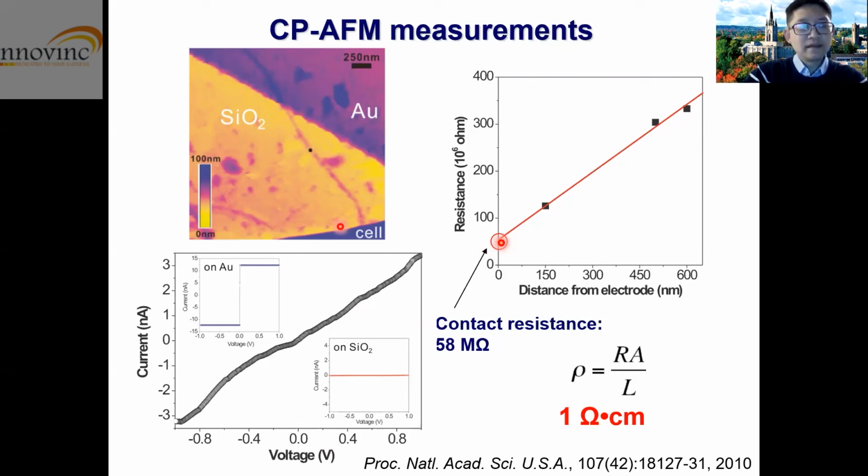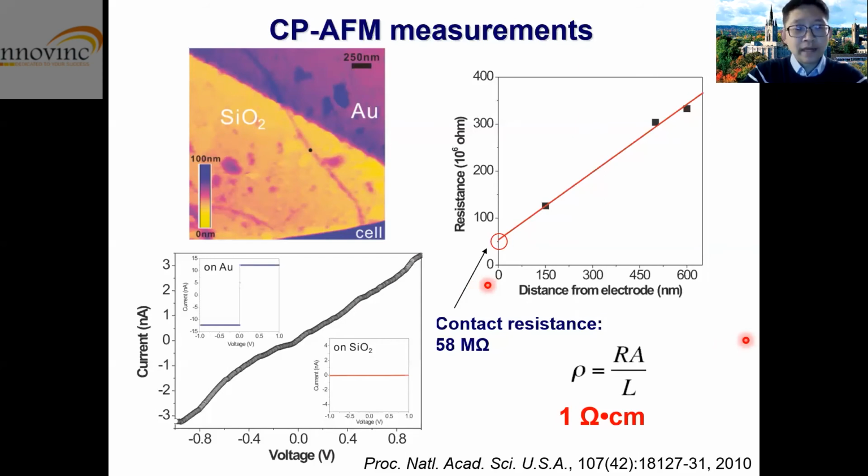So at this point the resistance we got is the contact resistance between the conductive AFM probe and the electrode. So we can characterize the contact resistance. Using this, we can calculate the resistivity of the bacterial nanowire again.